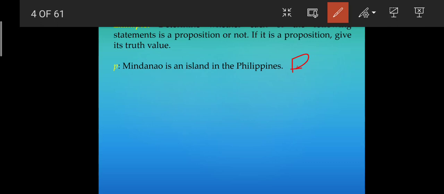And then, after determining whether the statement is a proposition, we're going to determine its truth value. Since Mindanao is an island in the Philippines is a fact, therefore, the truth value is true.